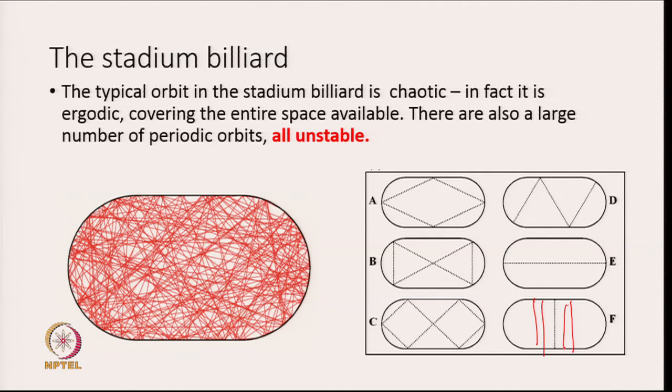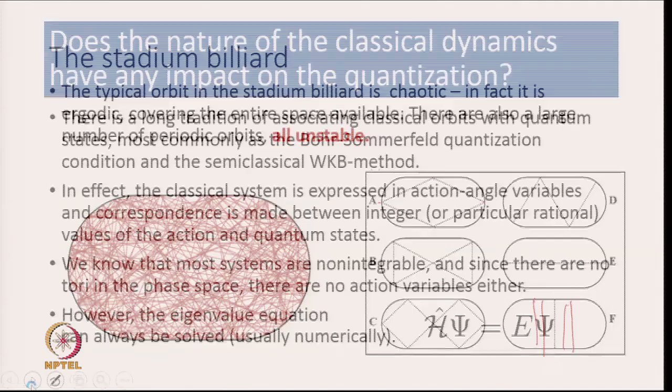Then you have an orbit that will just bounce from the midpoint of this side to this side to this side to this side, like a diamond, and an orbit that looks like a Z and a figure of 8 and so on and so forth. These are all periodic orbits because they retrace themselves. Nevertheless, all of them are unstable. And this is a characteristic feature of these kinds of systems.